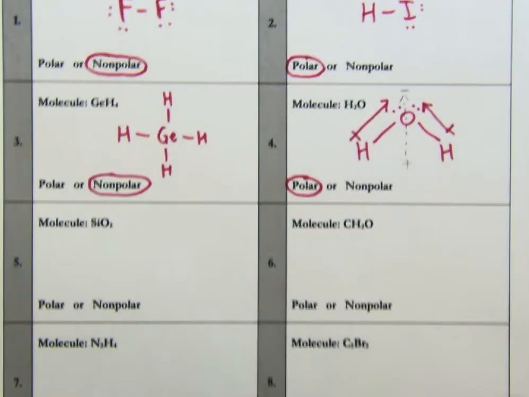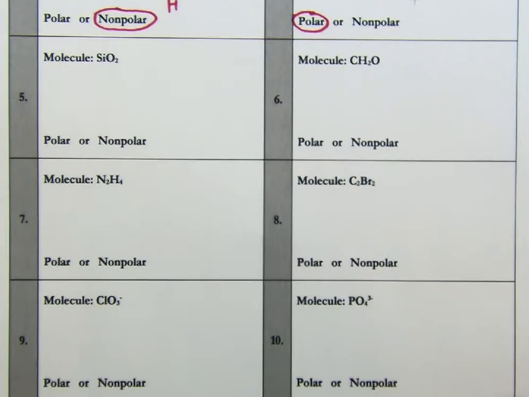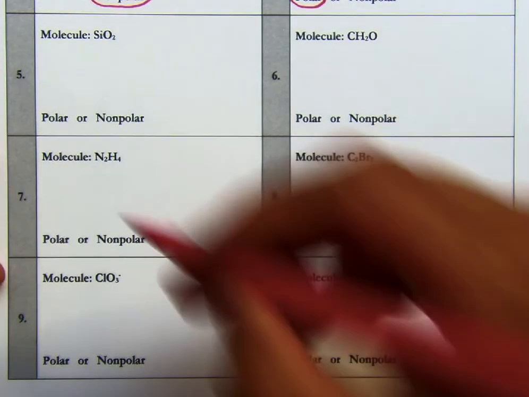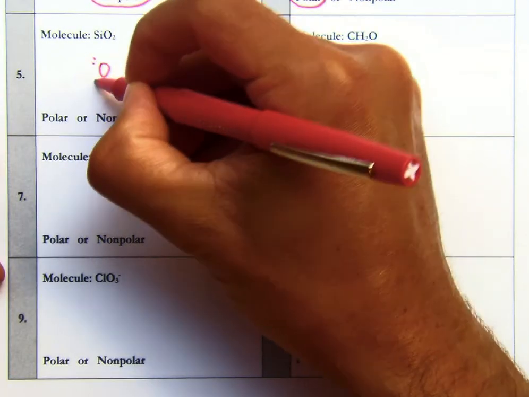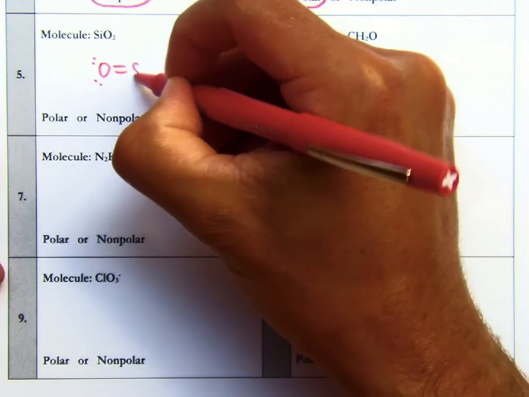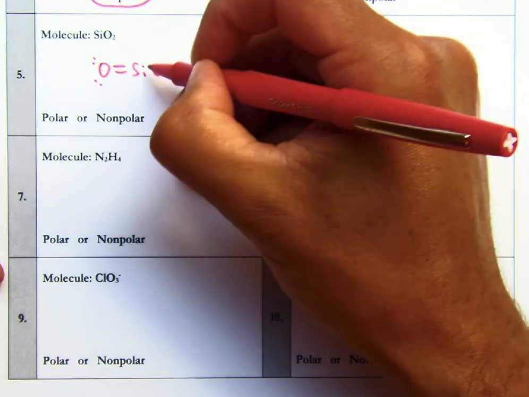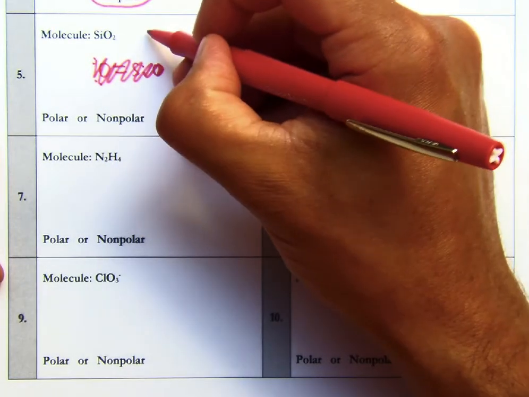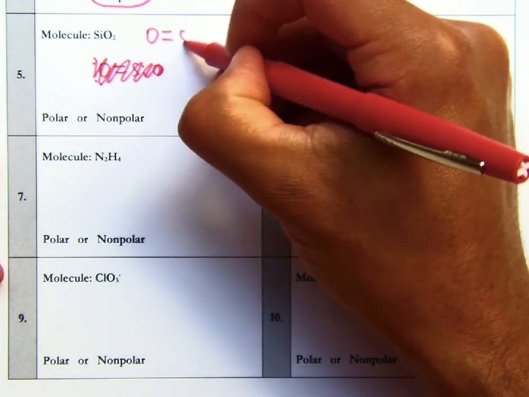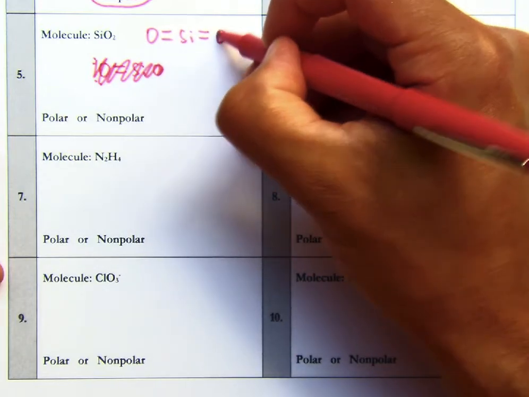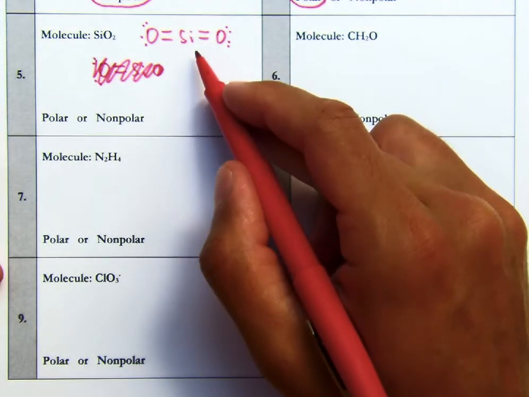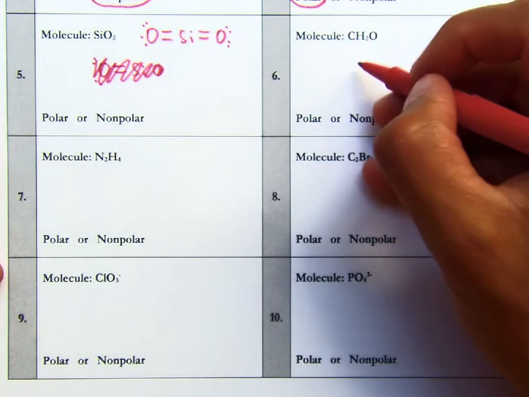Let's continue along. So these are the other six. All right. We have SiO2. Shoot. I'm just going to redraw that. Sorry. I forgot the bonds. I'll just go ahead and draw out all of these real quick.